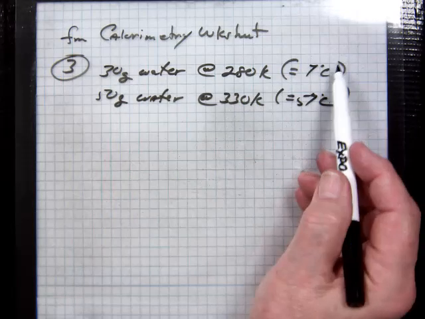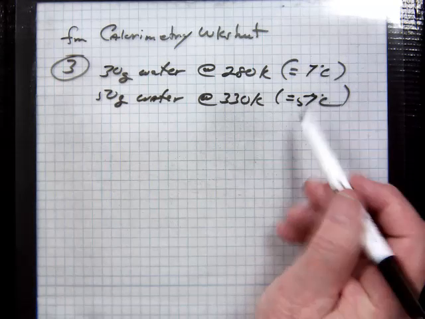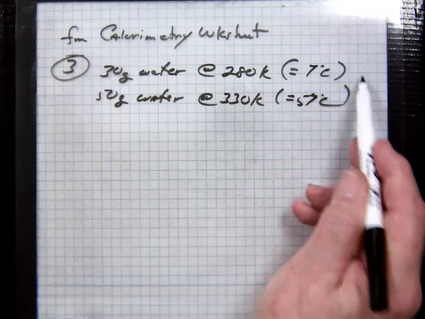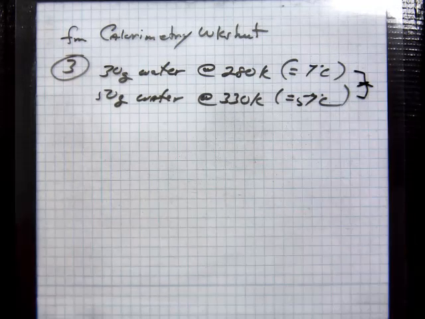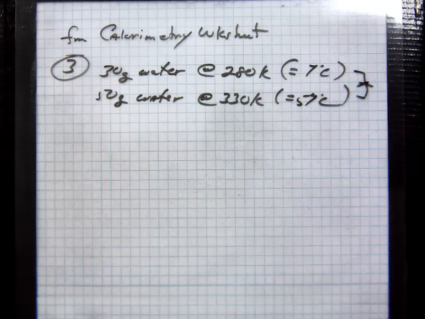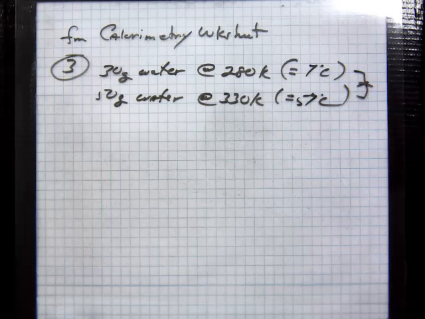Because what you're doing is taking cold water and some warm water, mixing them together, and you're going to wind up somewhere in the middle of those two. You're going to have a temperature change of the cold water, increasing, and then a cooling effect for the temperature change of the warmer water. And they're going to wind up mixed together. Okay, how do you know how to set this up?